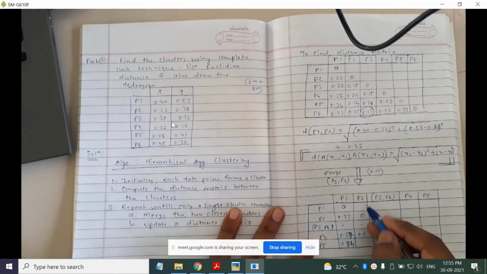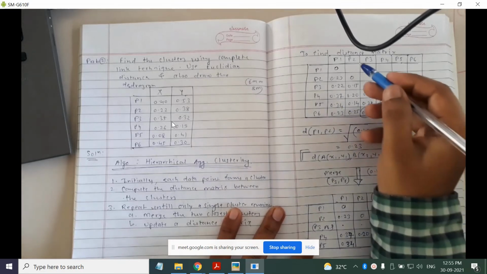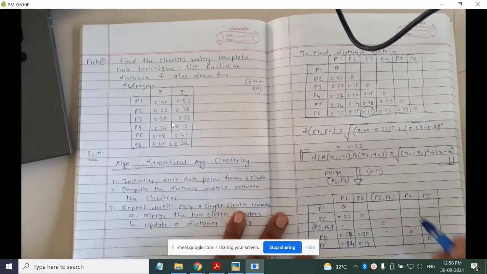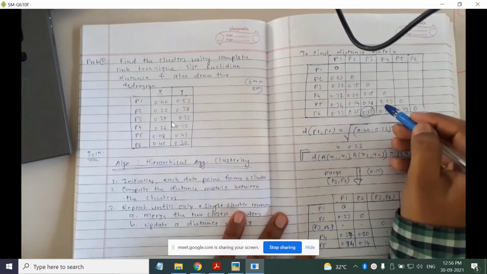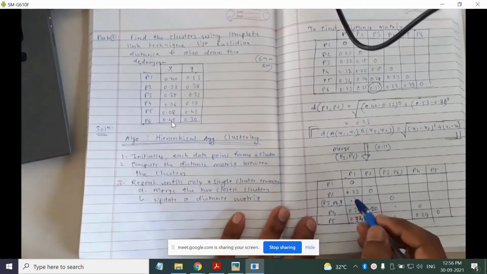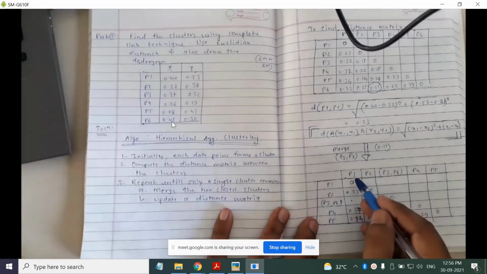P2 P4 0.20, P2 P5 0.14, then P4 P5 is 0.29. So these four distances we have to update using complete linkage. The first distance I have to calculate is the distance between P1 and P3 P6.